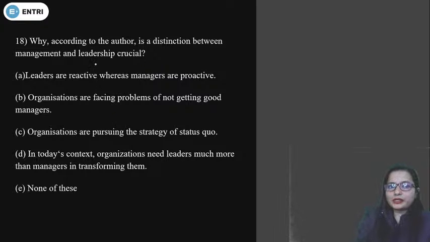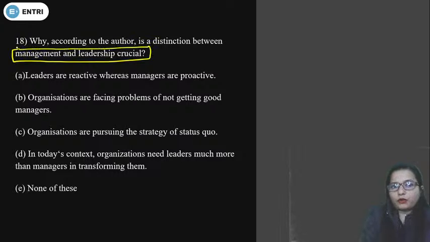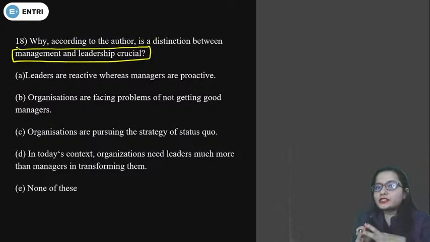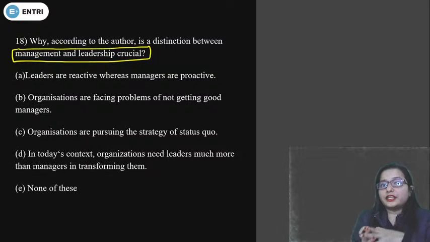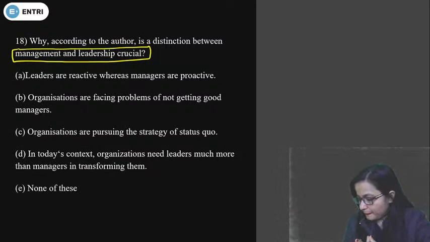Now the 18th question is saying, what according to the author is a distinction between management and leadership?